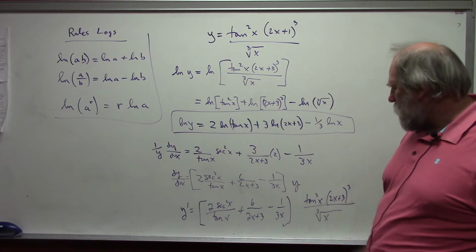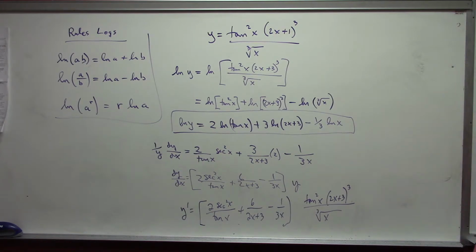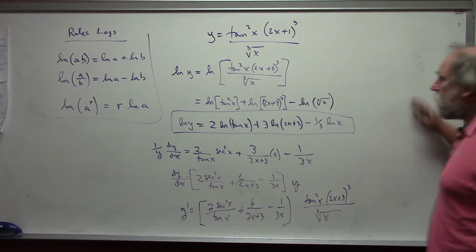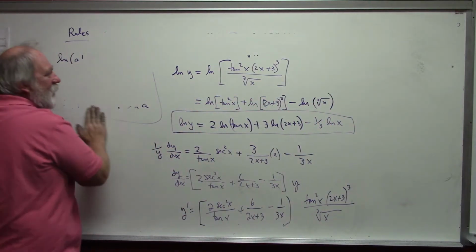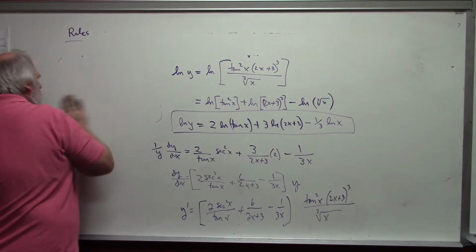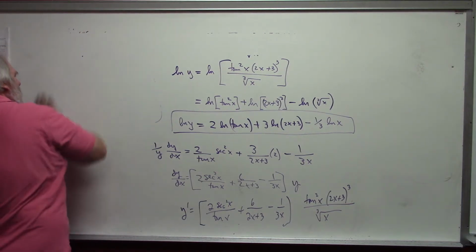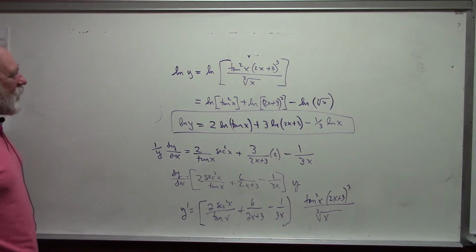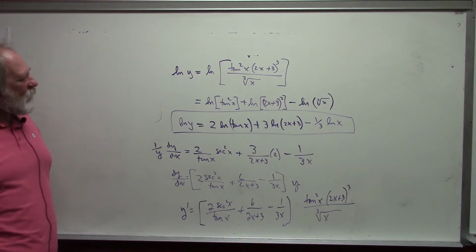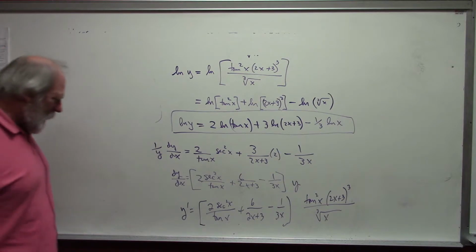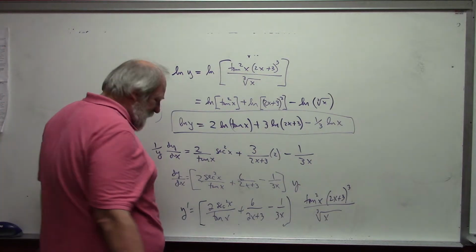If I wanted to, I could distribute that back through, but I'm going to leave it like that, partially because I don't feel like it, and partially because I'm out of room. Okay? One more example. Before I erase this completely, we could have taken the derivative of this function using the product rule, power rule, chain rule, and quotient rule, and we would have ultimately ended up with the same result.